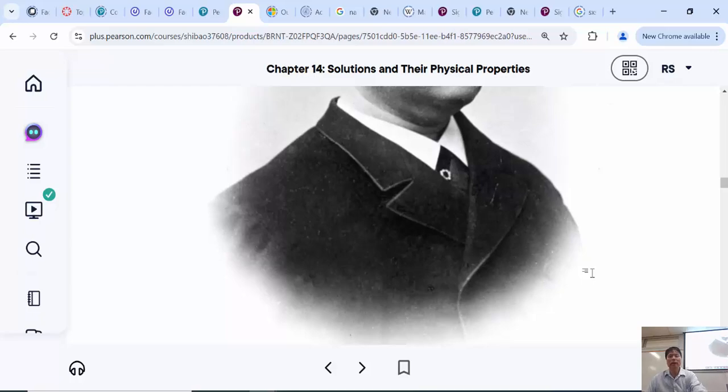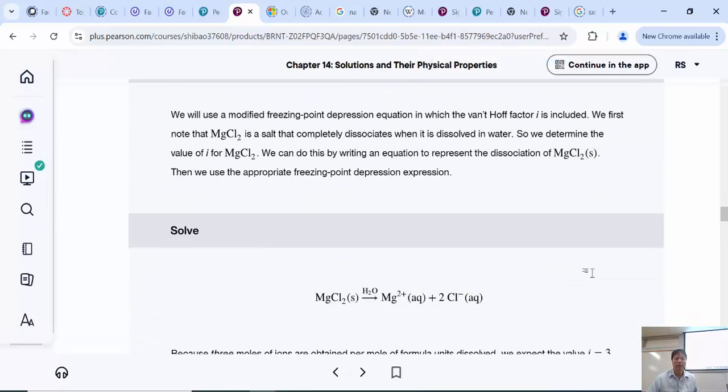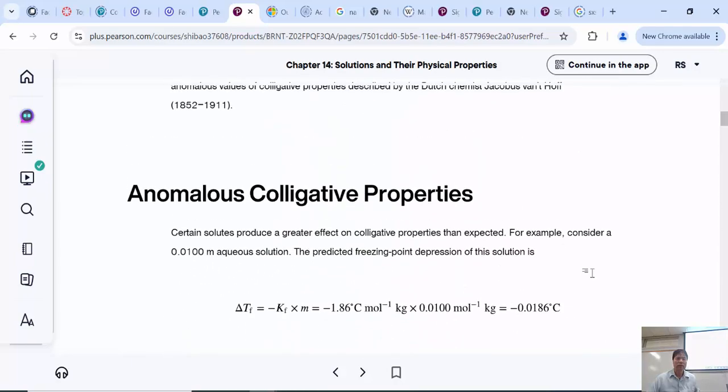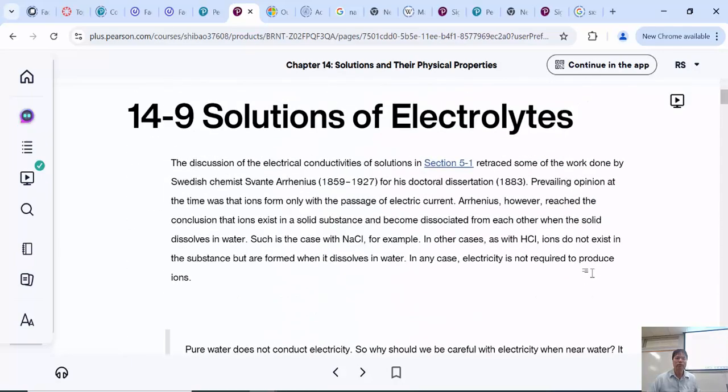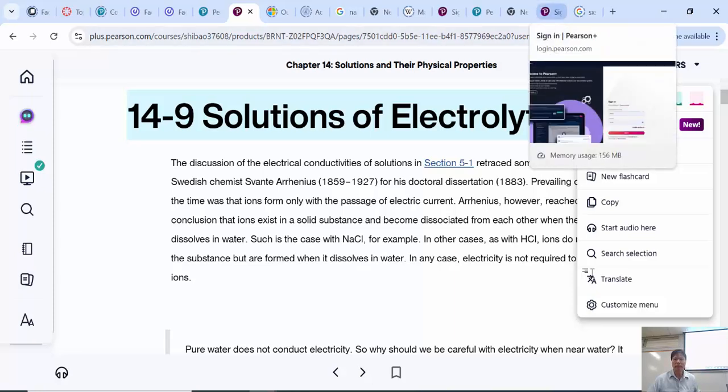I don't have the PDF version. They have this weird version of the book for me. But it's 14.9. Review that one section of the book.